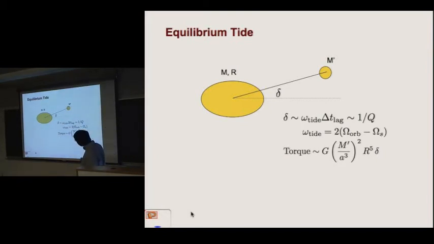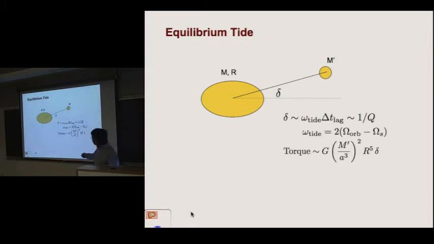So once you have a prescription or parameterization for the lag angle, you can then easily estimate the tidal torque, the interaction torque between the perturber or the secondary star and the primary star. That's basically simple scaling, depending on the mass of the perturber, inversely proportional to the semi-major axis to the 6th power, and directly dependent on the lag angle.